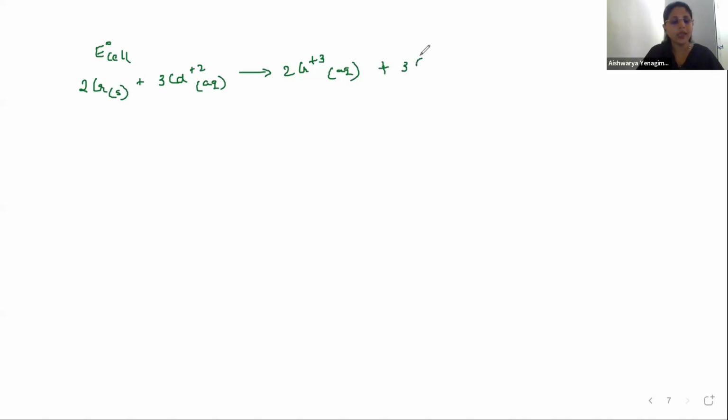Calculate delta G, and all these things have to be calculated one by one, because we have seen the applications of the Nernst equation and how these are related to one another.